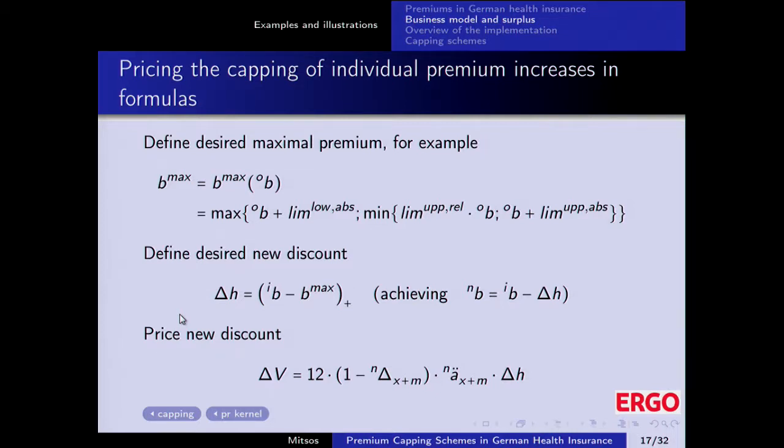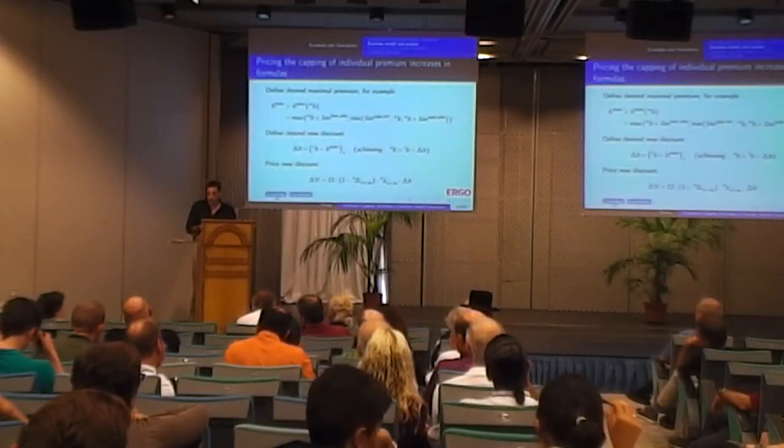And then we would say, if the intermediate new premium is above the acceptable maximum, then we want to give him this discount to achieve the final premium that is acceptable, that is at the maximum, and we have to calculate how much money this costs. Okay? You need to inject equity into the reserve.